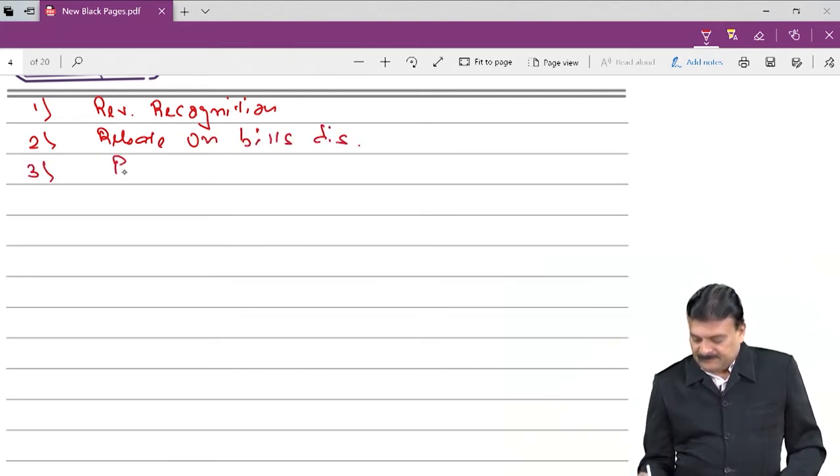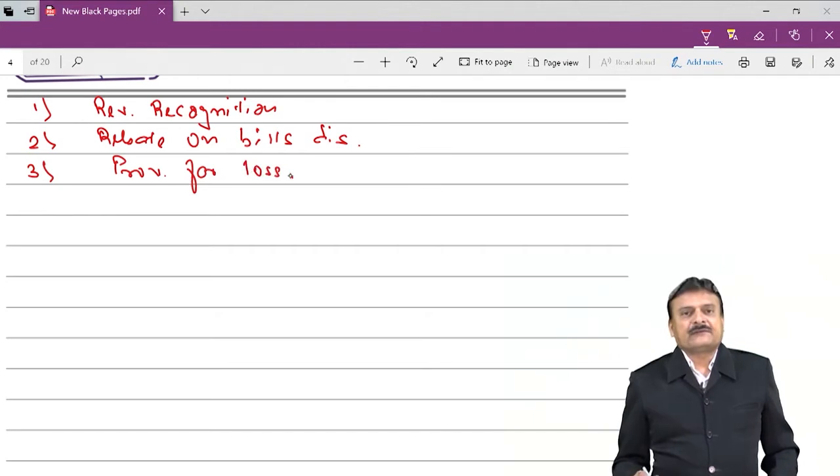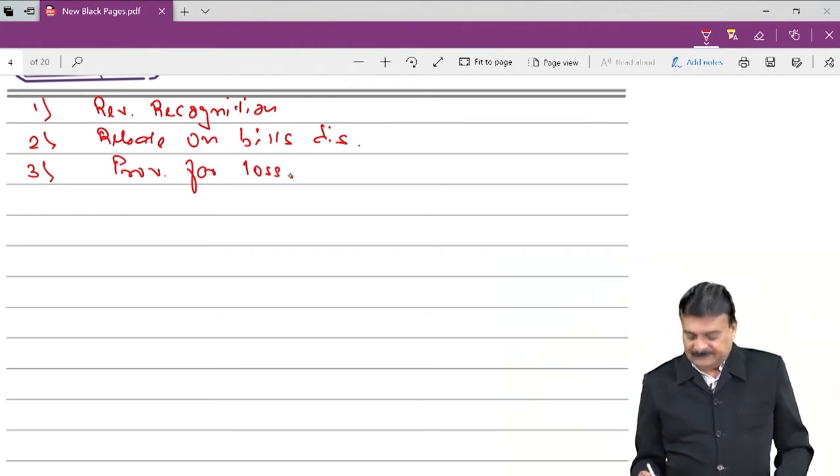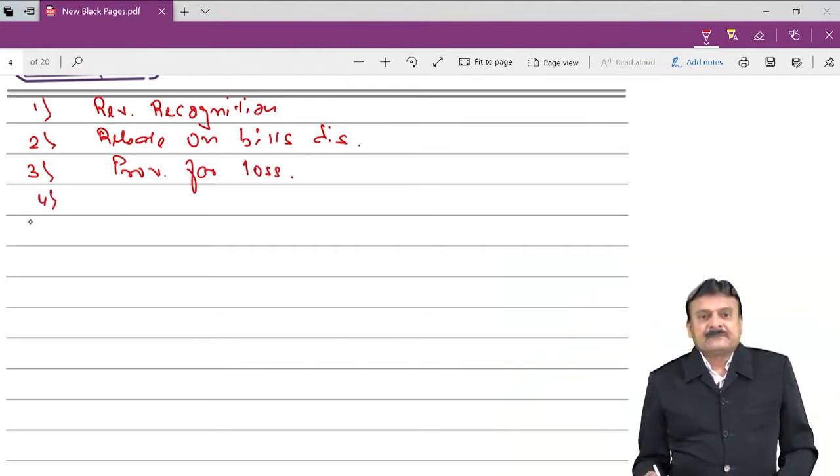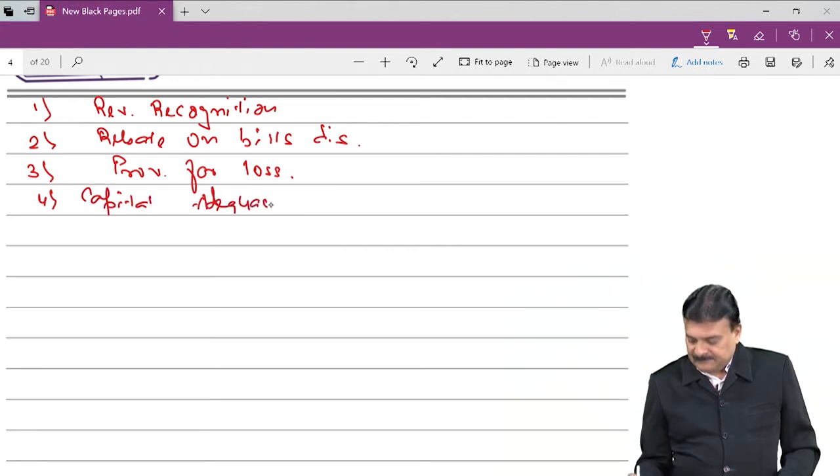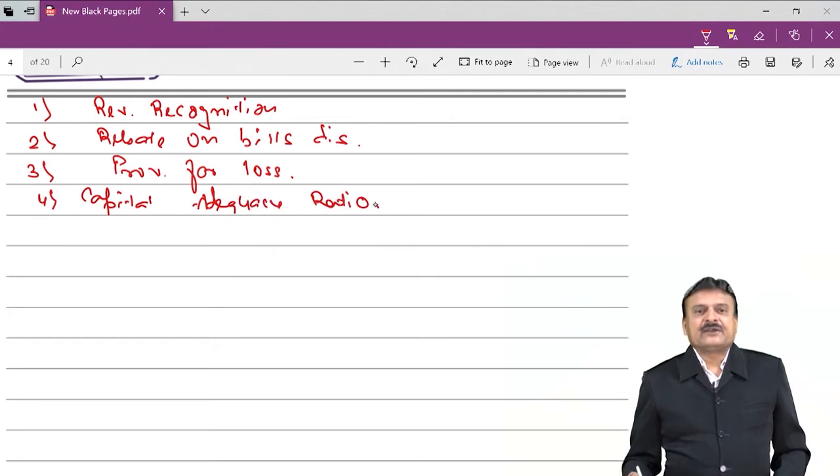Number 3, calculation of provision for loss, we call it as provision for doubtful debts also. Number 4, calculation of capital adequacy ratio.